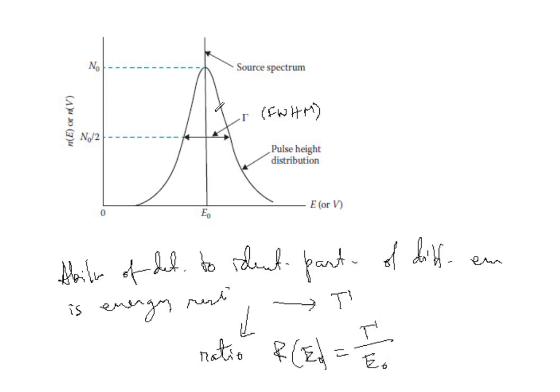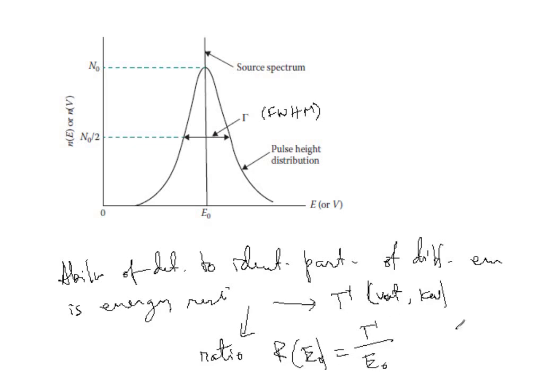So this energy is E0, and corresponding the width, the full width at half maxima is gamma. So this energy resolution is sometimes given either as gamma or as the ratio. So this has units of volt or keV if energy, and this has no units since this is a ratio.